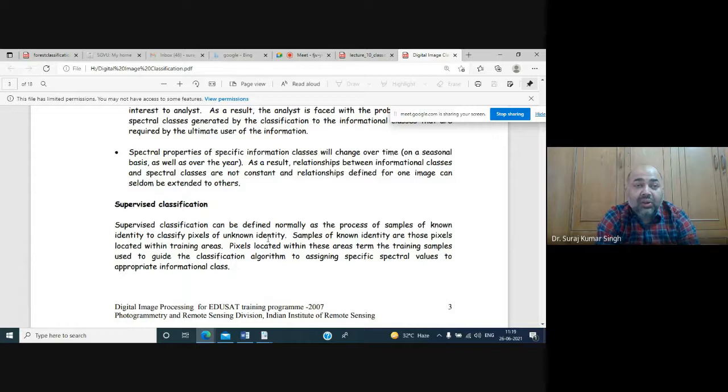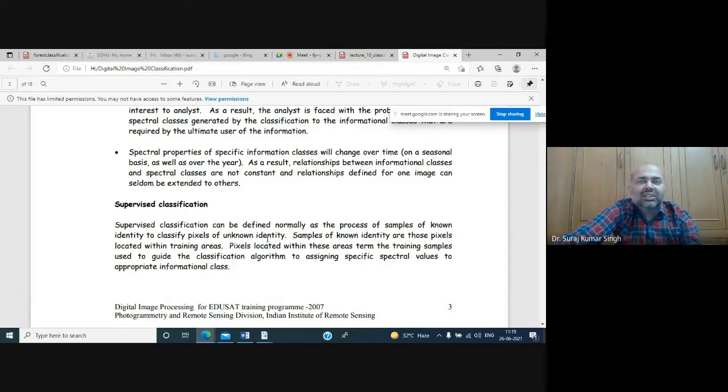So I know that this spectral reflectance corresponds to agriculture, this spectral reflectance corresponds to forest, this spectral signature corresponds to built-up, and a particular spectral reflectance corresponds to wasteland. So we know that this is that feature or that class, and what the signature is.